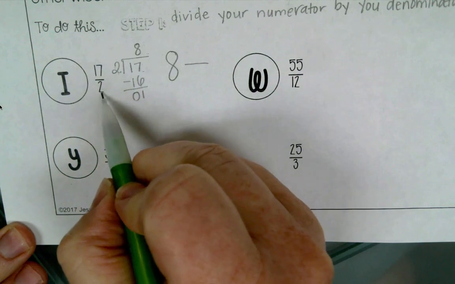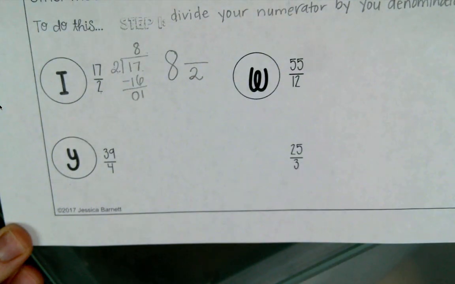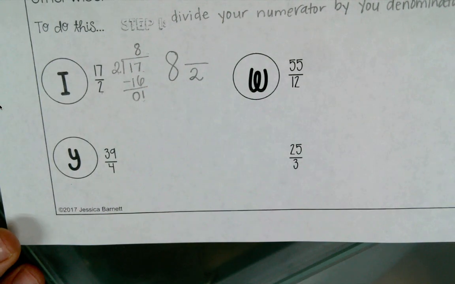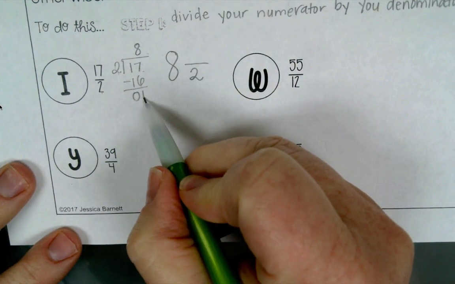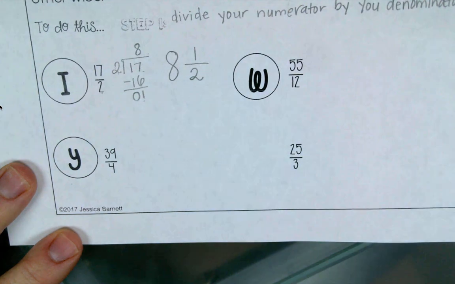Your denominator too stays the same. Okay? Then your remainder, because we are not doing decimals right now, we're converting fractions. Your remainder 1 becomes your numerator. Okay?